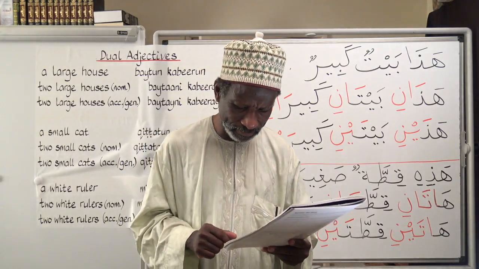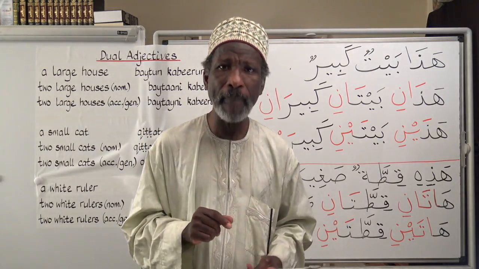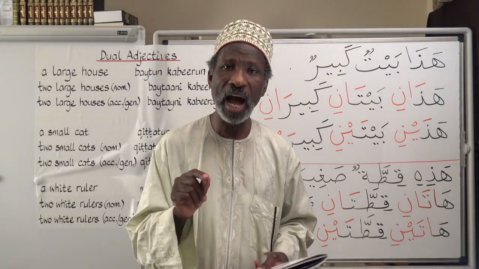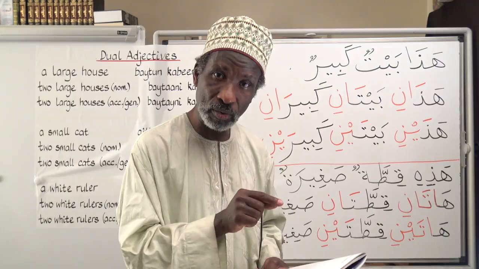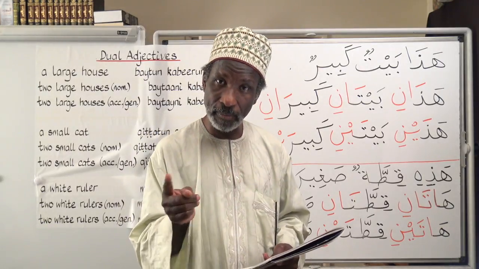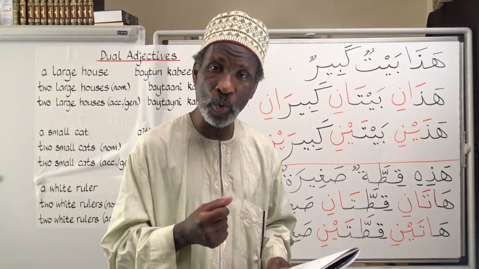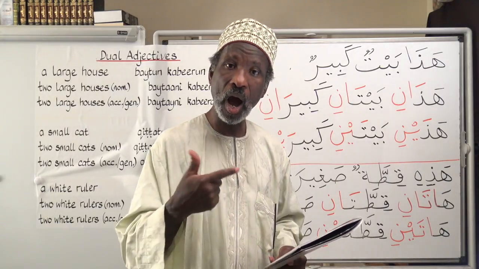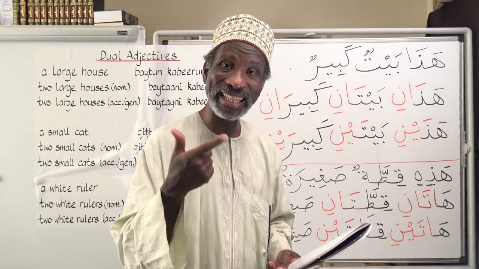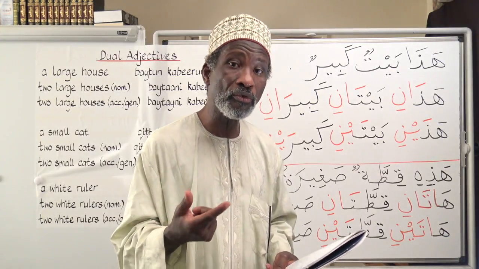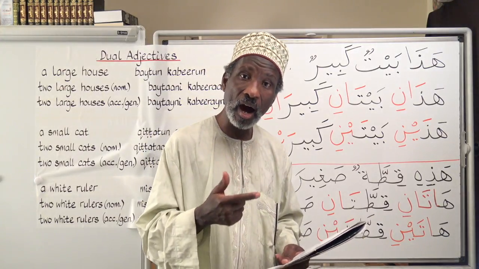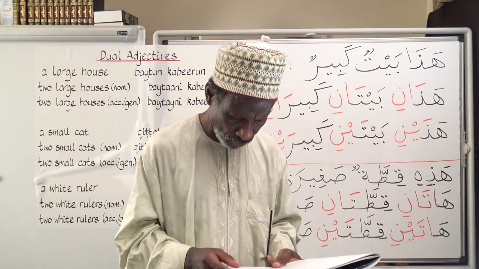Next is a green apple. تفاحة. Then green from أخضر becomes خضراء. تفاحة خضراء. تفاحتان خضراوان. تفاحتين خضراوين.